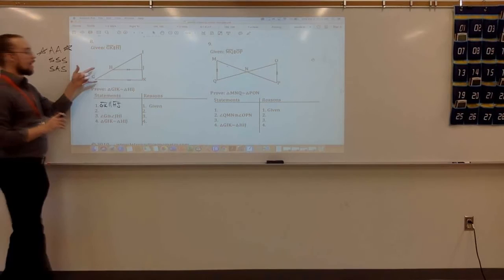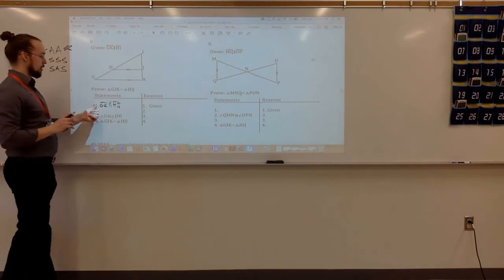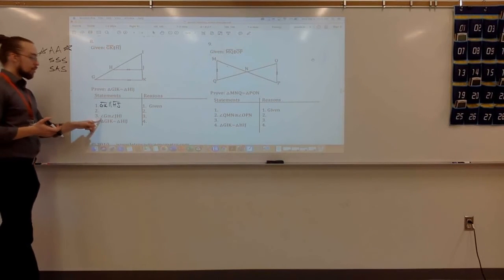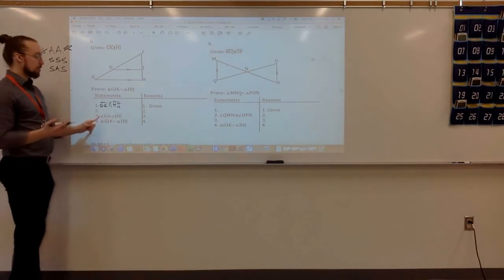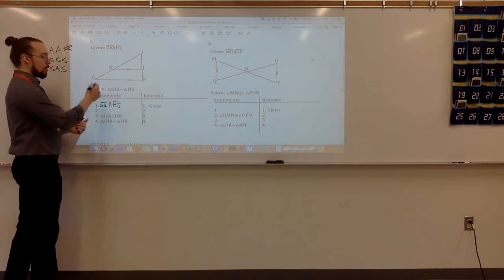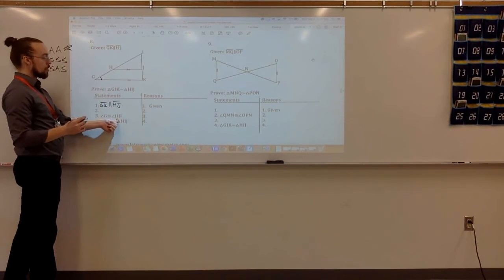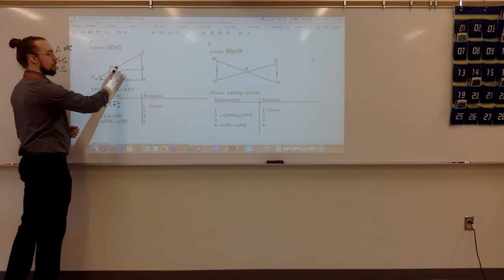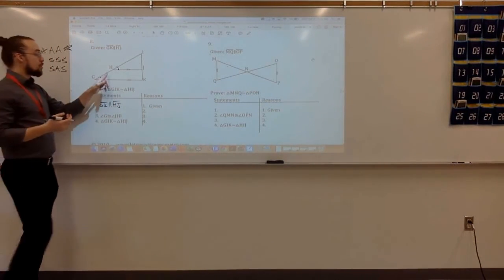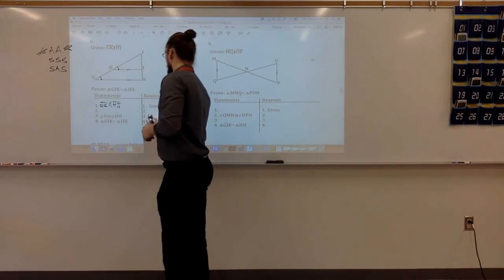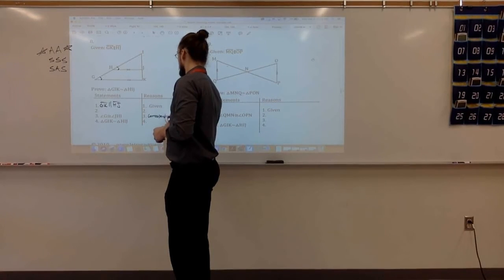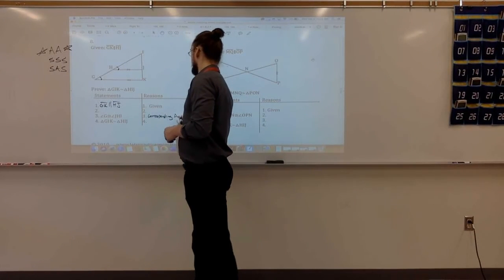My first line would just be that given information that those two lines are parallel. Well, I'm going to look all the way down at line 3 here and see what other angles they want me to fill in. So they tell me that angle G is congruent to angle JHI. So these two angles are congruent. Those two angles are corresponding angles. So those are congruent because they are corresponding.